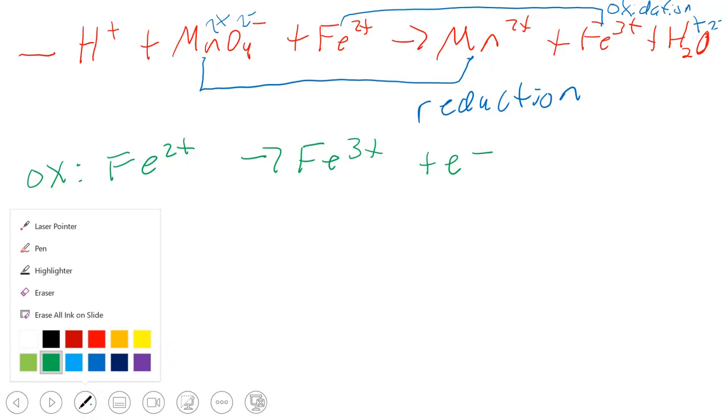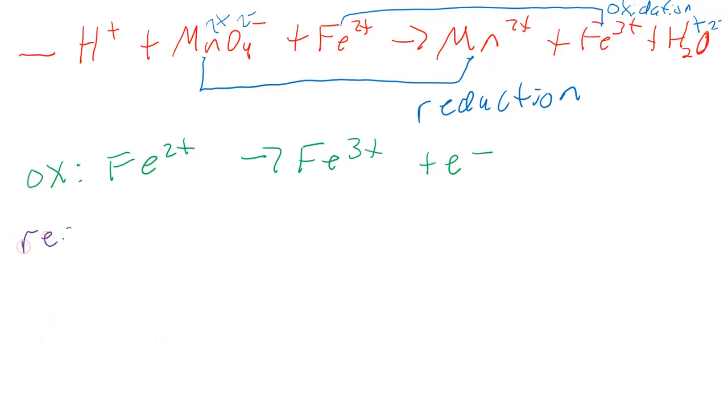Then if we do our reduction reaction, we have manganese, actually it's the permanganate ion rather, I should say, gives us manganese.